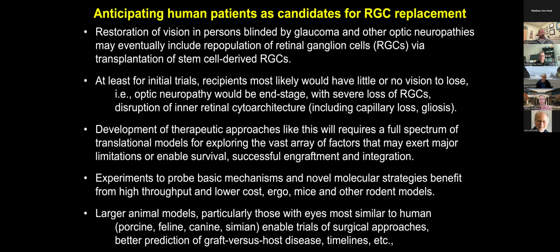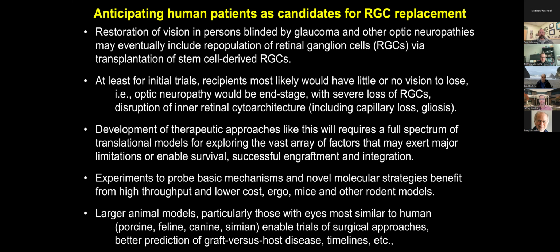In terms of thinking about human patients that might, at least initially in the early trials that might occur in this field, should we get to that stage, along with my collaborators and others in the field, we came to think that most likely the first transplantations would only be done in patients who had no vision to spare.